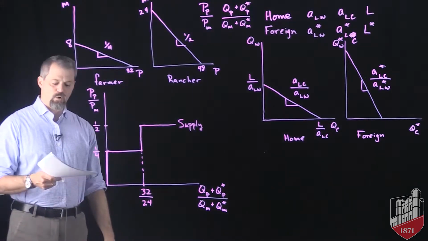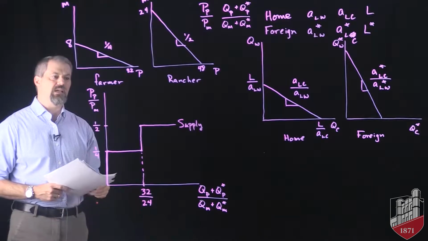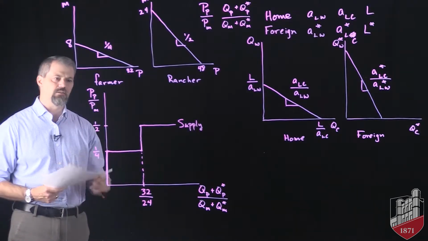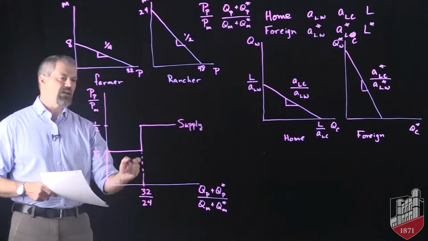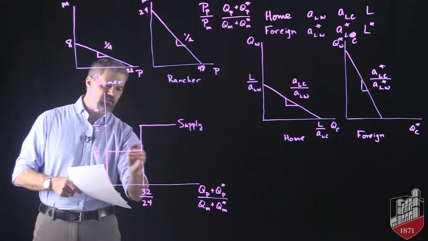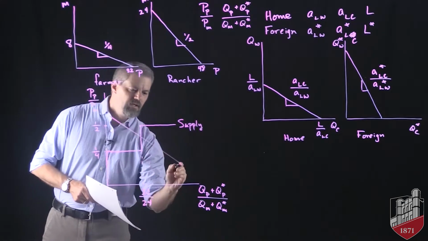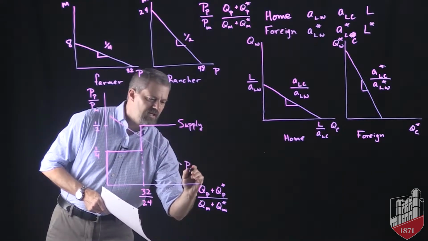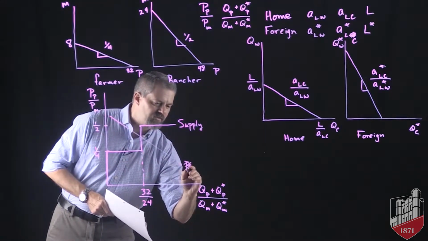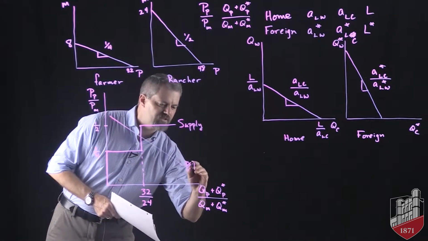Okay? What we're going to be doing then is adding a relative demand curve, and our relative demand curve is going to come down and intersect that relative supply curve. Let's draw an example. Let's just call it demand.